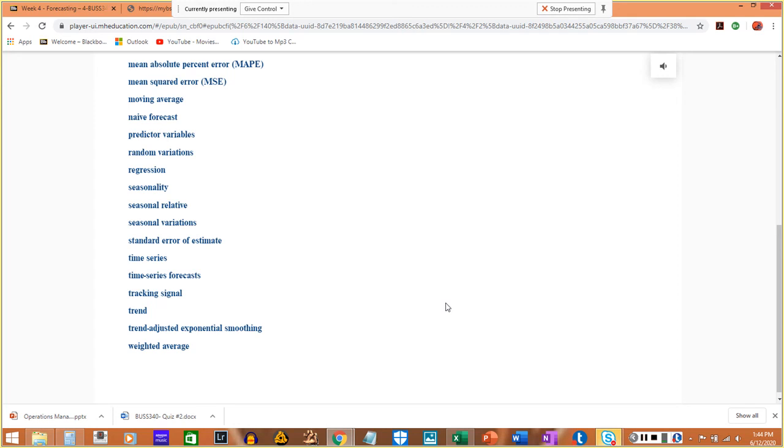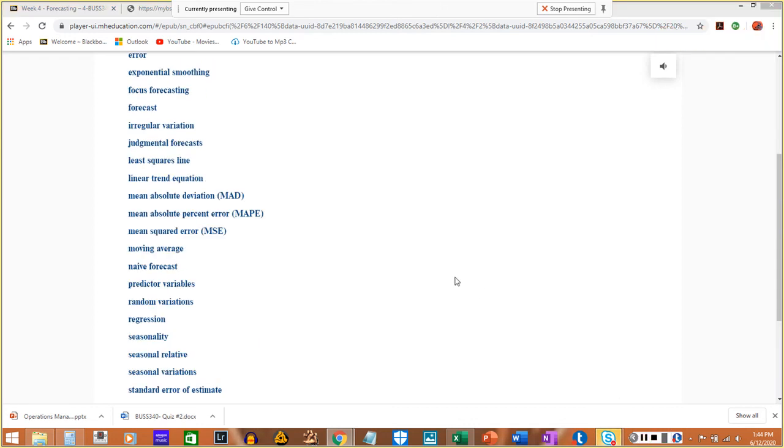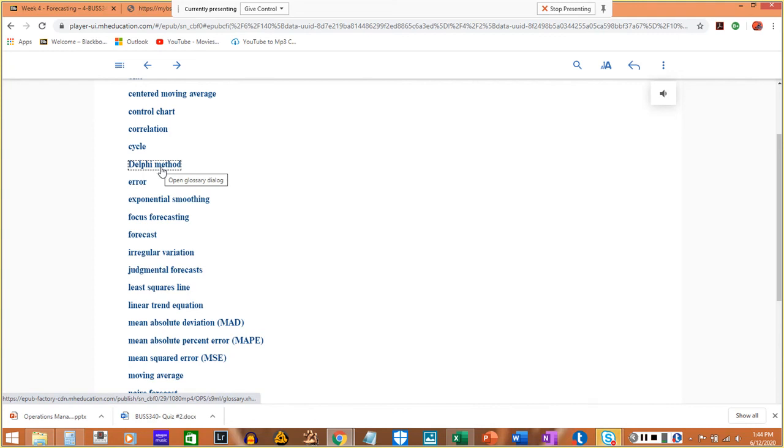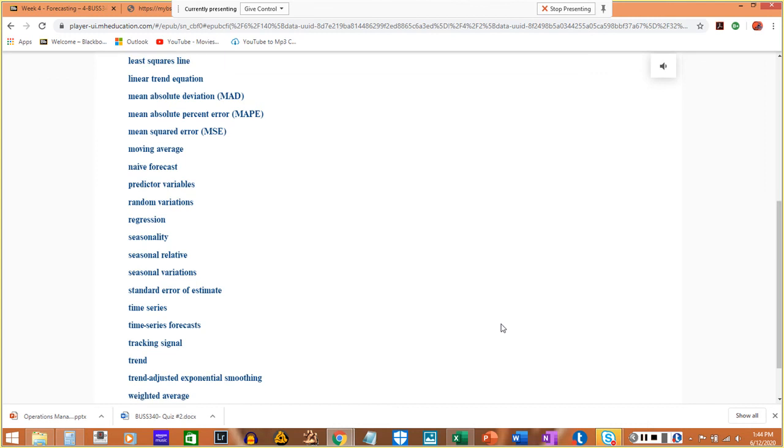And weighted average. Instead of control chart, let's do the Delphi method. So you can scratch out control chart and put Delphi method. So you should have 6 terms. Again, the terms are Delphi method, exponential smoothing, forecast, naive forecast, time series forecast, and weighted average.